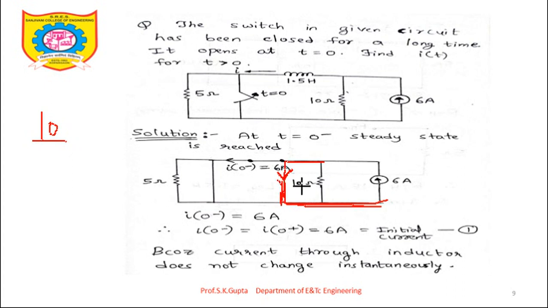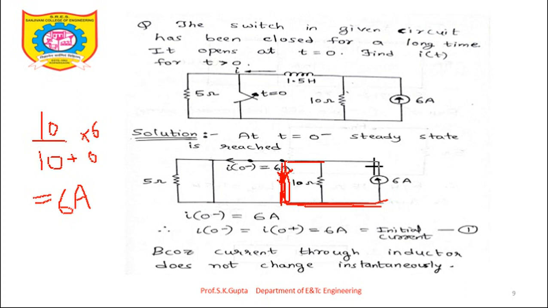So opposite resistance 10 ohm divided by total resistance 10 plus 0. Here resistance is 0 ohm, here resistance is 10 ohm, into total current 6 ampere. So 10 by 10 into 6. So again it is coming out as 6 ampere. So current in this short circuit branch is 6 ampere. Okay.